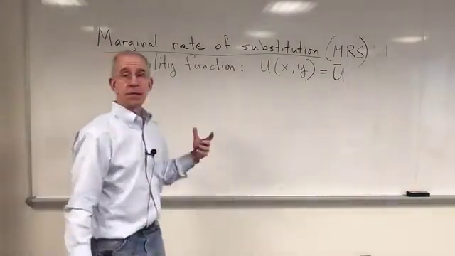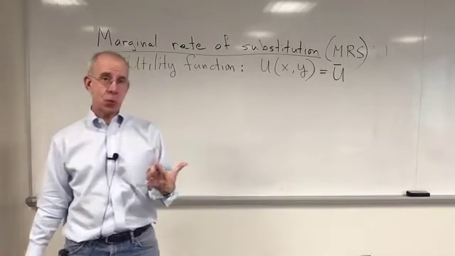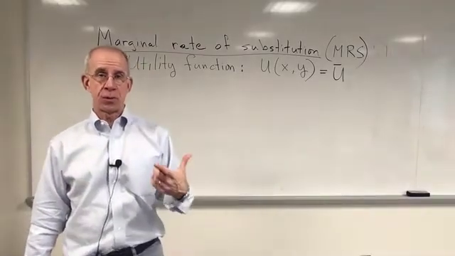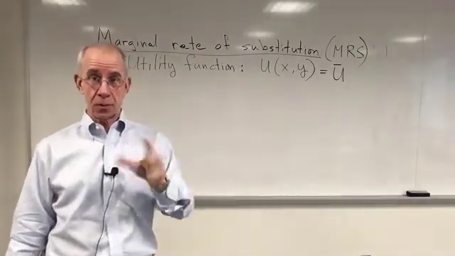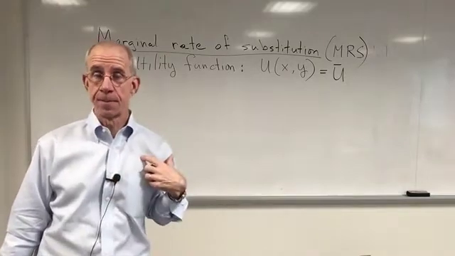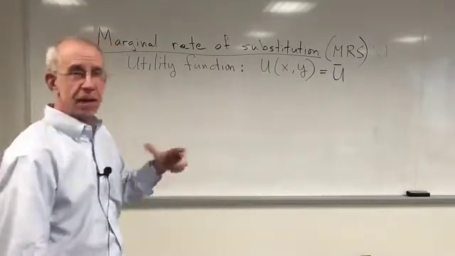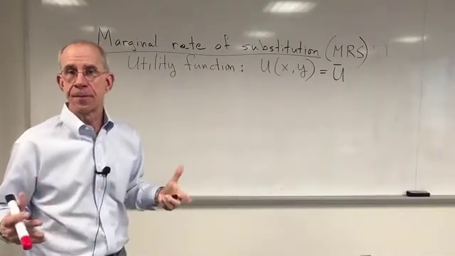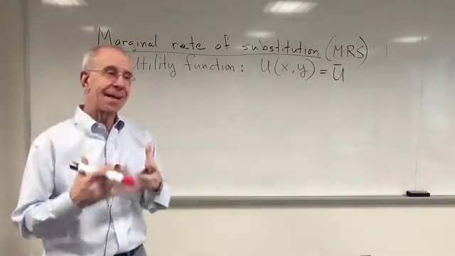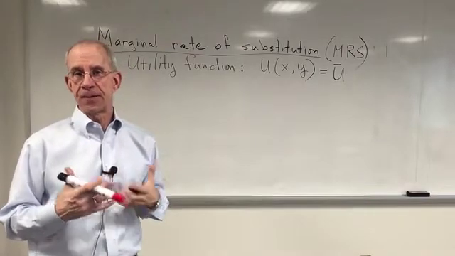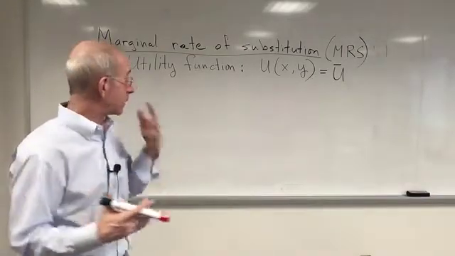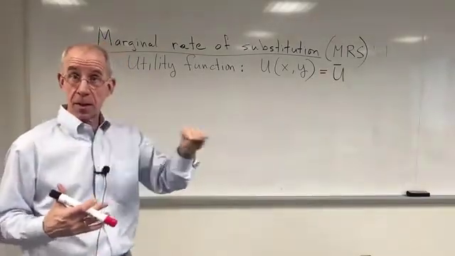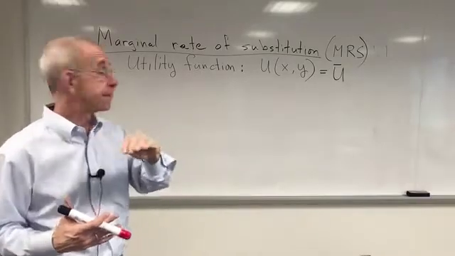Now, it is ultimately about the trade-off between consuming two goods for a consumer, keeping the level of satisfaction, the utility, constant. It's inherently about a feature of an indifference curve, because you're going to keep the level of utility the same.